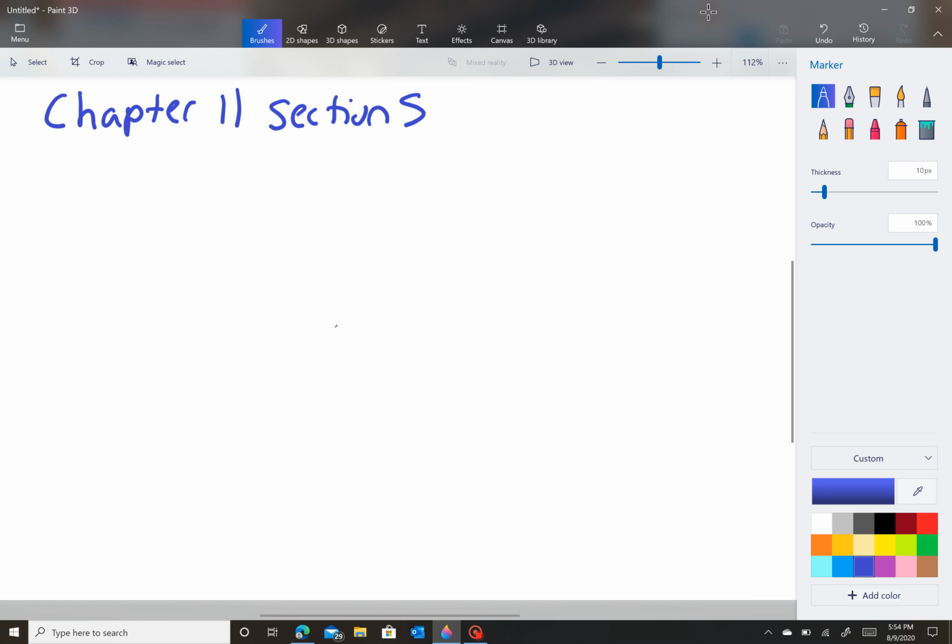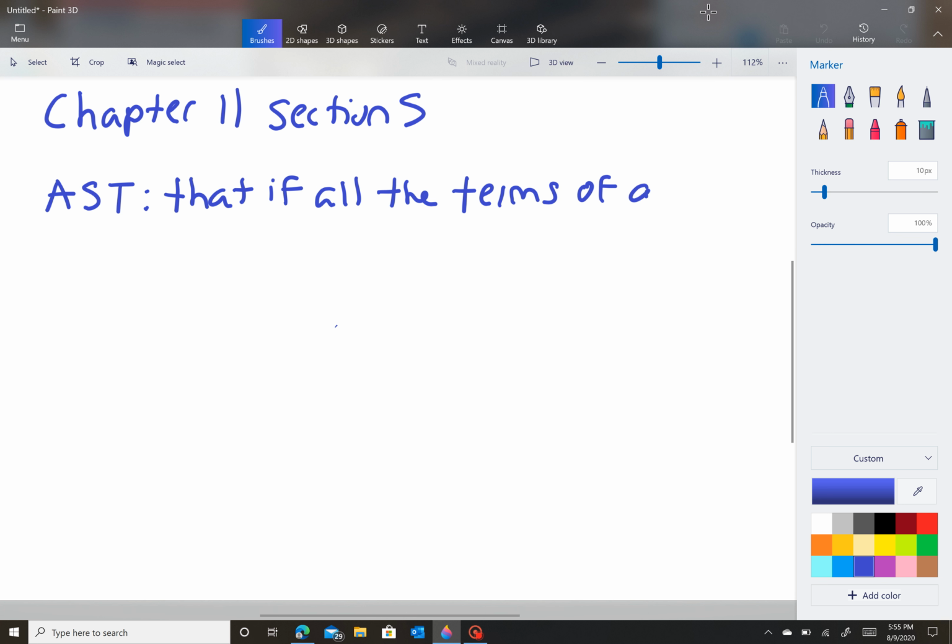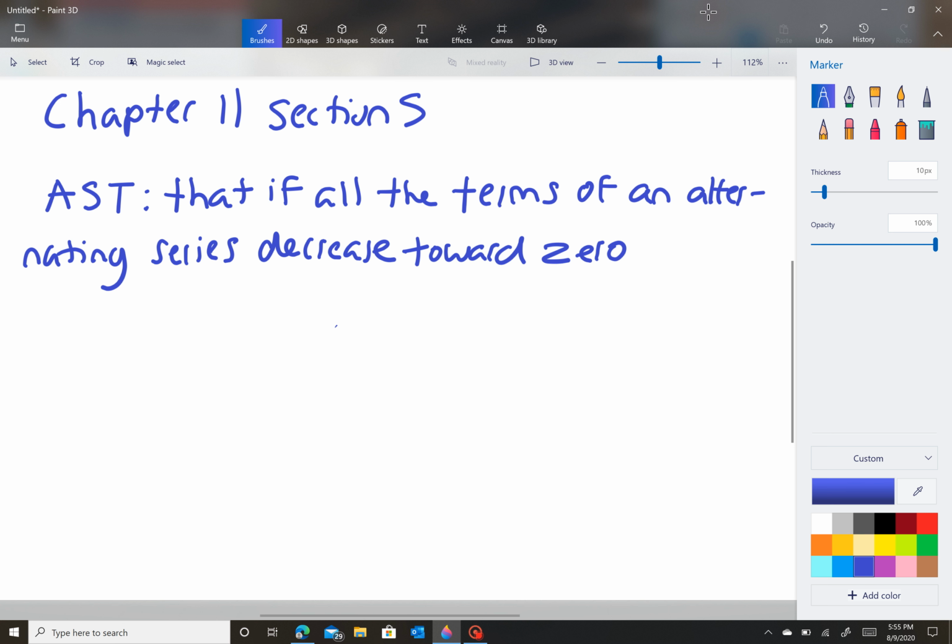The alternating series test states that if all the terms of an alternating series decrease towards zero in absolute value, then the series converges.